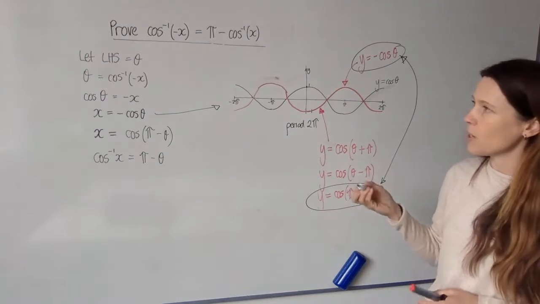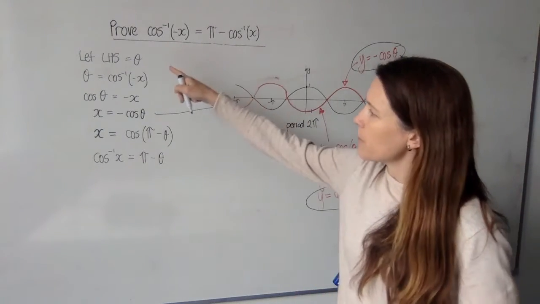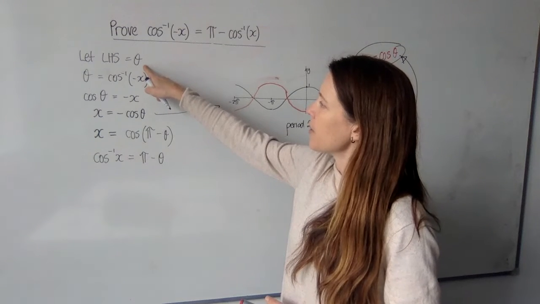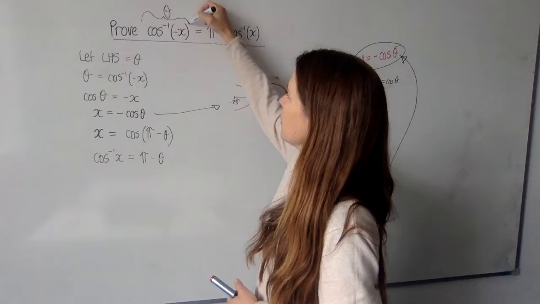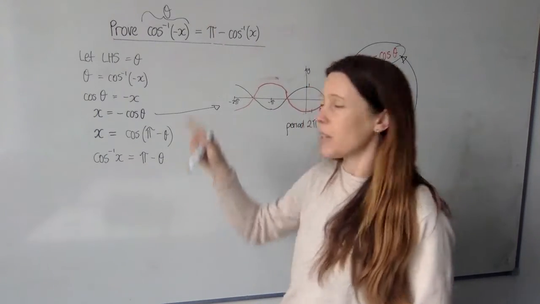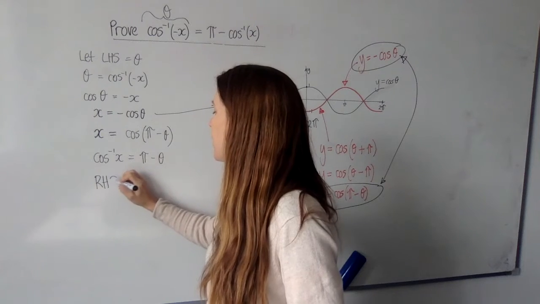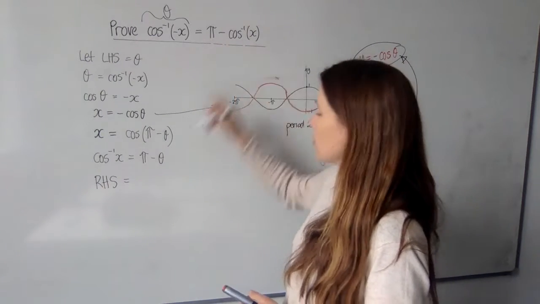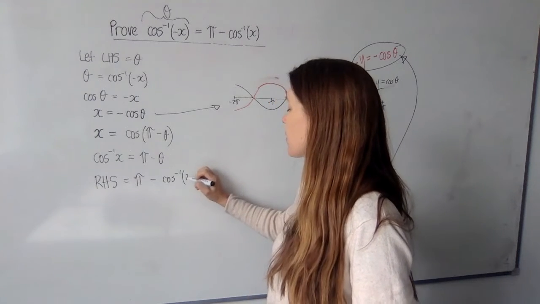The way you decide to finish off is up to you. There's lots of ways that you could end up proving this. Remember the way we started? We said let's let the left-hand side equal theta. So this whole thing was equal to theta here. All right, so what we're really trying to show is that the right-hand side is also theta. So at this point I could say right-hand side is equal to, let's just write out what we were given, pi minus inverse cos of x.